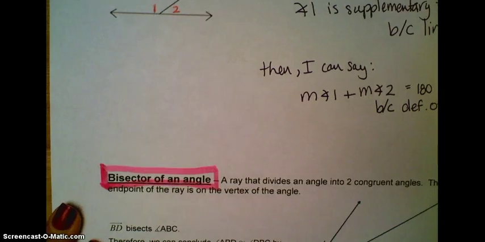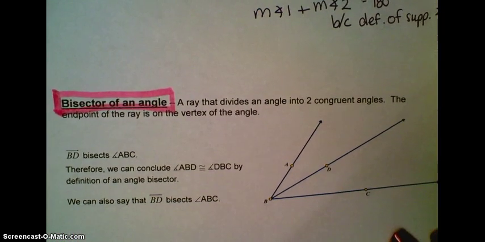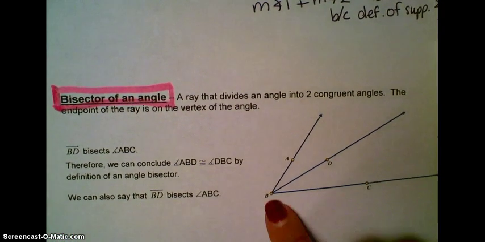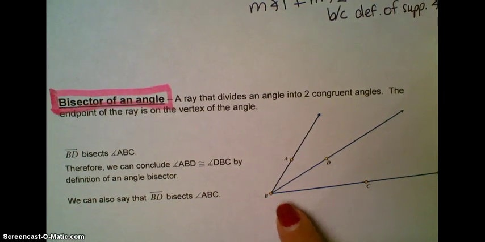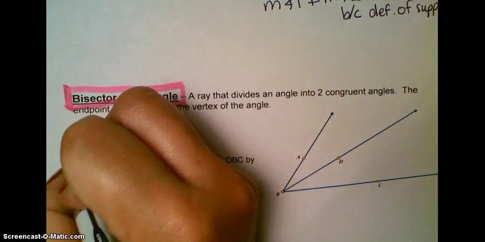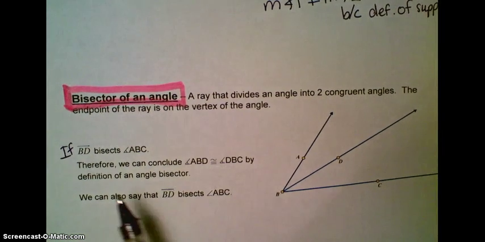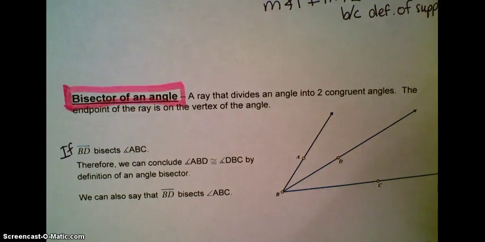So it says it's a ray that divides an angle into two congruent angles. So the endpoint of the ray will be on the vertex of the angle. So in this picture, if we are told ray BD bisects angle ABC, we can conclude that these two angles are congruent to each other.